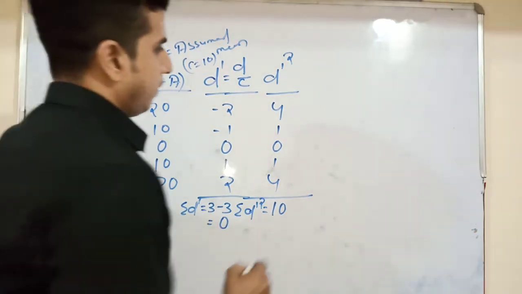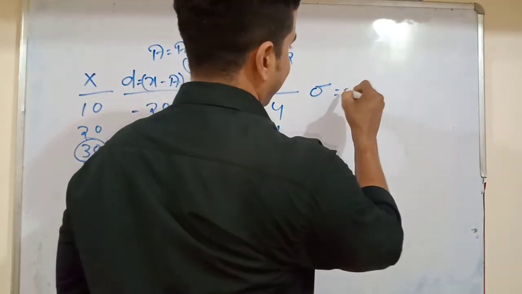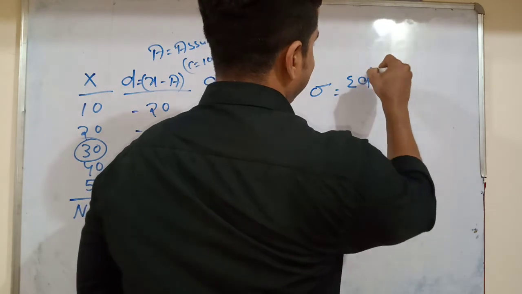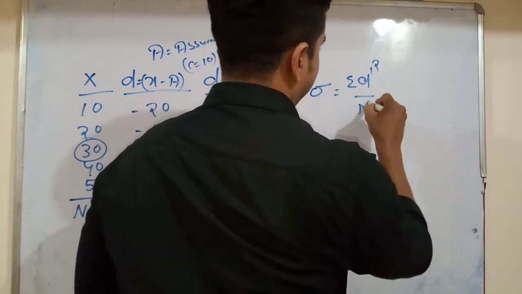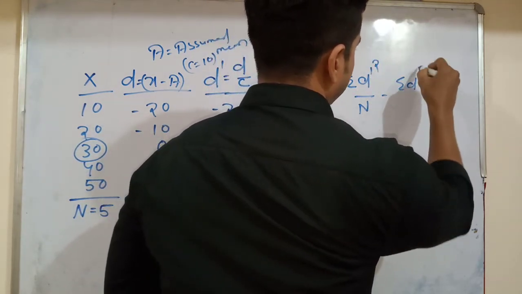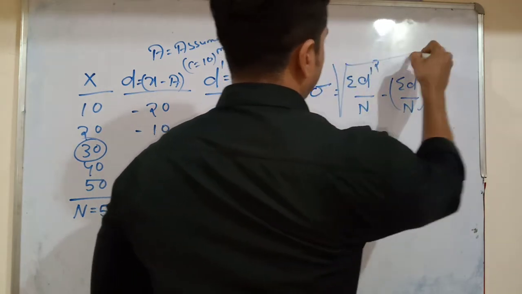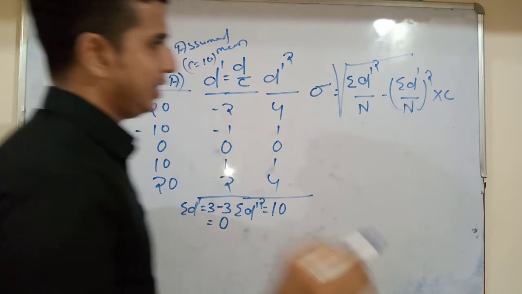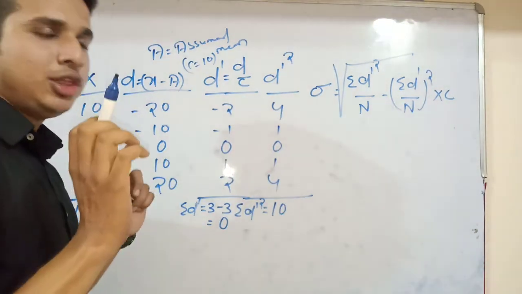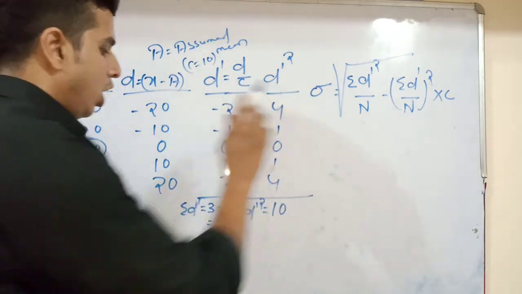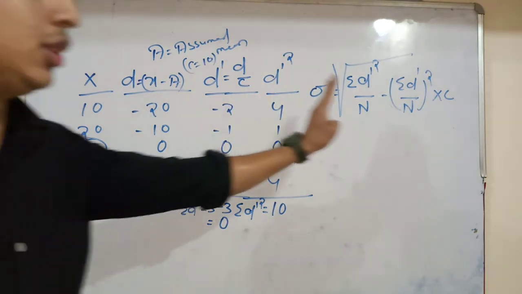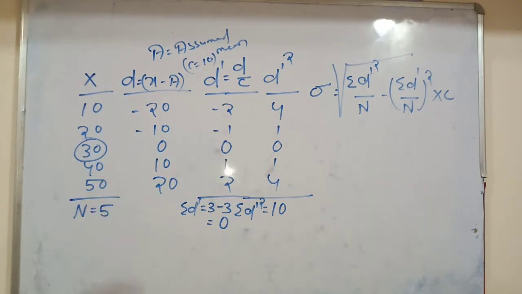So according to the formula, it is the square root of summation D dash square by n minus summation D dash by n whole square, multiplied with C. That is the formula. Then we just have to put the values in the equation and nothing else.